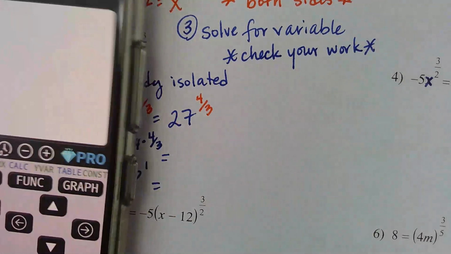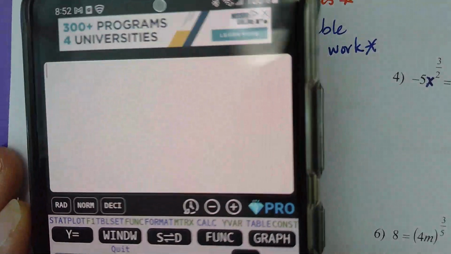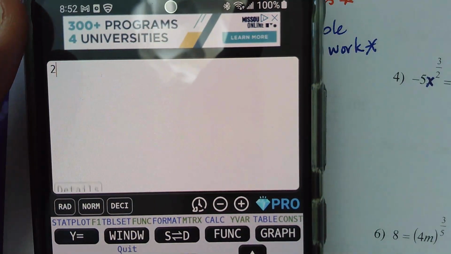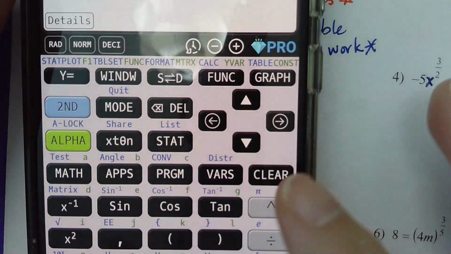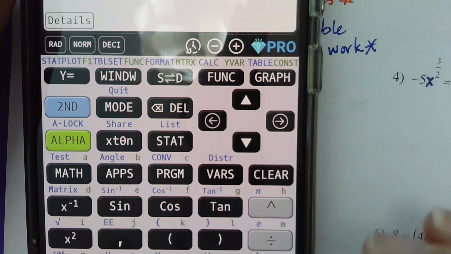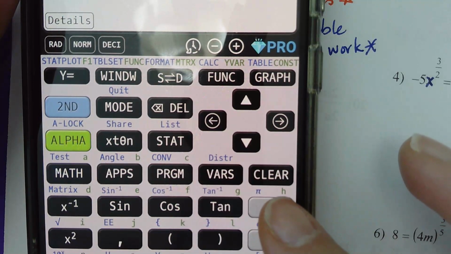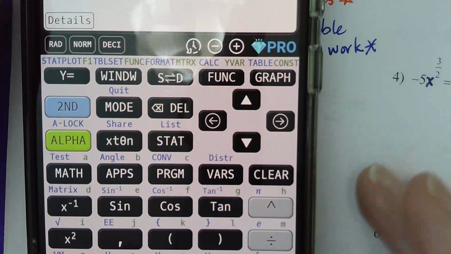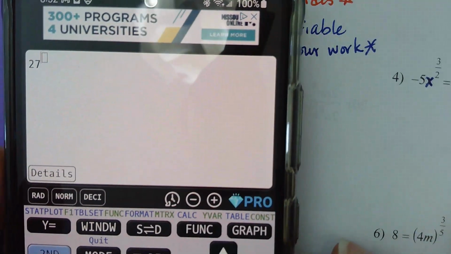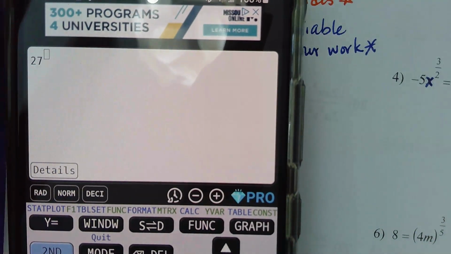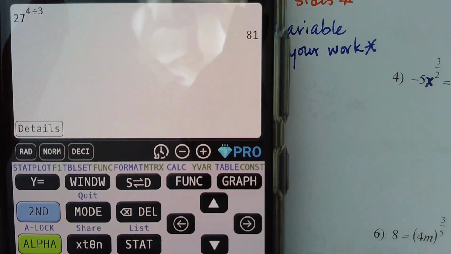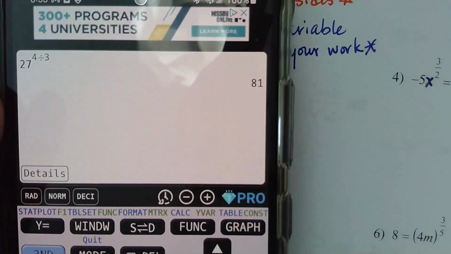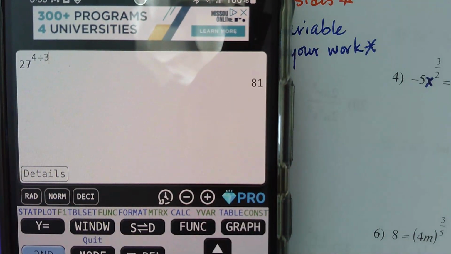Here, I have this calculator app. So if I do 27 and I use this caret here to raise, it's right over the 4 primary operations, the little rooftop, then that gives me an exponent, and I can put 4 divided by 3, then I get 81. 4/3 is 4 divided by 3.